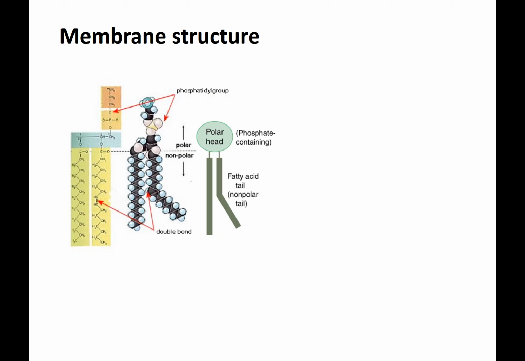Again, I know I'm emphasizing these phospholipids because they are the key to making a membrane. So again, you can see the polar head, fatty acid, nonpolar tail. So now we're going to look a little bit into more detail. Like this one has a definite kink.